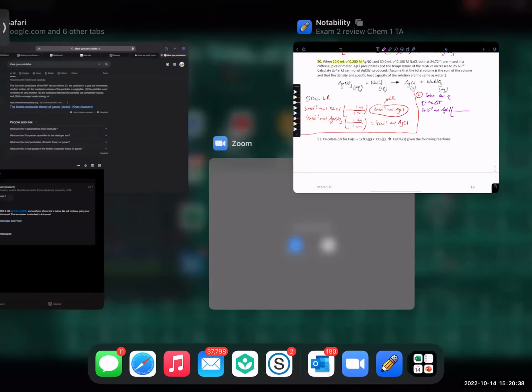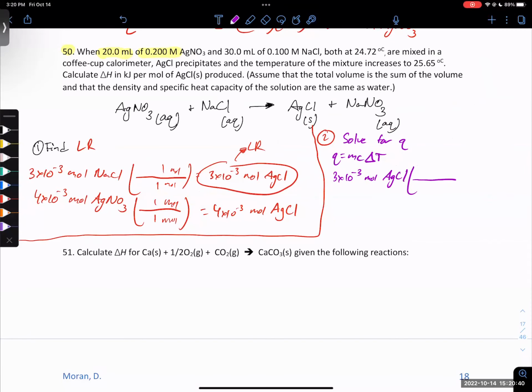It's like 107, and chlorine is 35.45. So 142.45 grams of AgCl are in 1 mole. So if we solve this out, we should get a number of approximately.